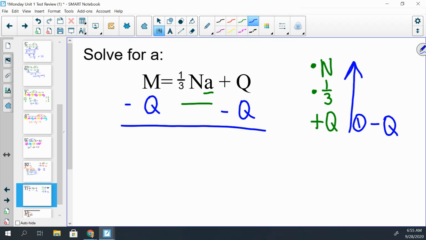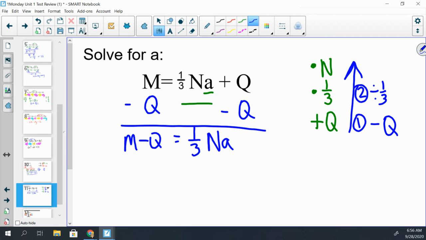Now I can't put m and q together, so this is just m minus q. That still equals 1/3 na. So to get rid of the second step, I need to divide by 1/3.